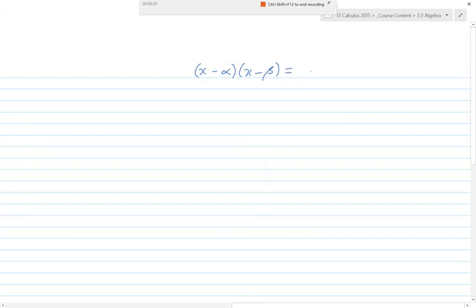So if we're expanding this, we're going to get x squared minus alpha x minus beta x, and then plus alpha beta. And if we just collect our like terms here, we're actually going to write that as x squared minus, and then in brackets, alpha plus beta. You can expand those to check that it's right, and then plus alpha beta.